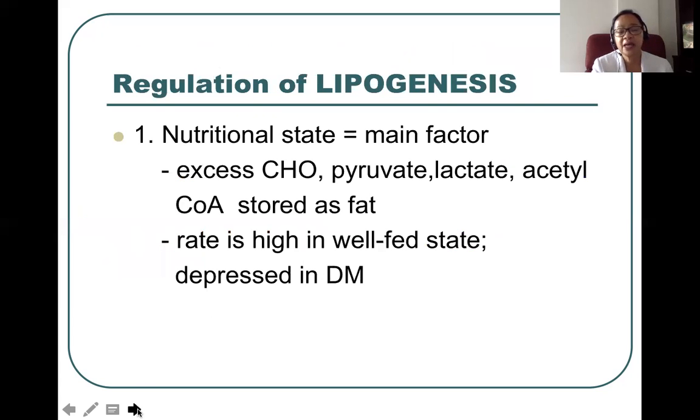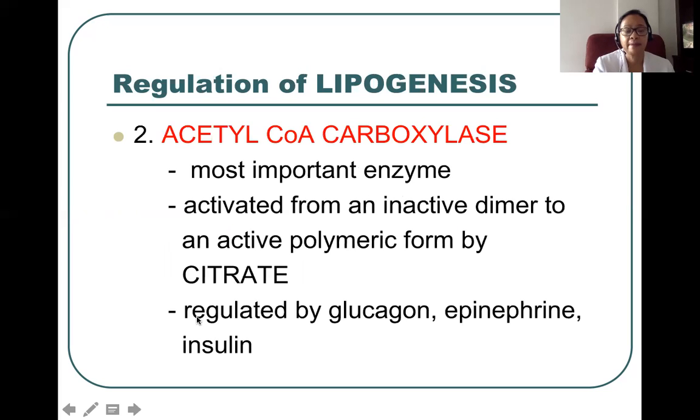So how is lipogenesis being regulated? The main factor definitely is nutritional state. Any excess carbohydrate, all the metabolites of carbohydrate metabolism, your pyruvate, lactate, and acetyl coenzyme A can be stored as fat. Of course, the rate is very high in the well-fed state, and it's depressed in diabetes mellitus because of the absence of insulin.